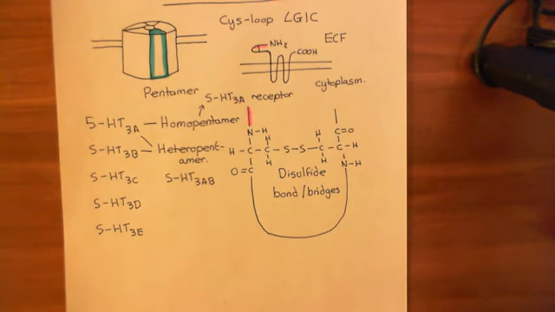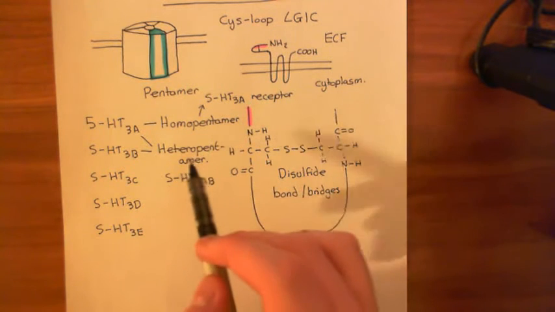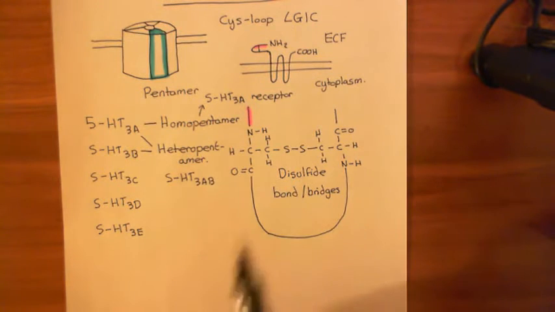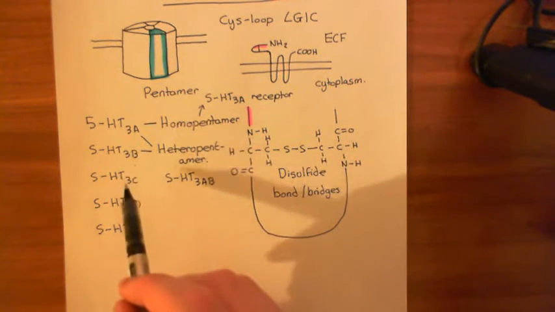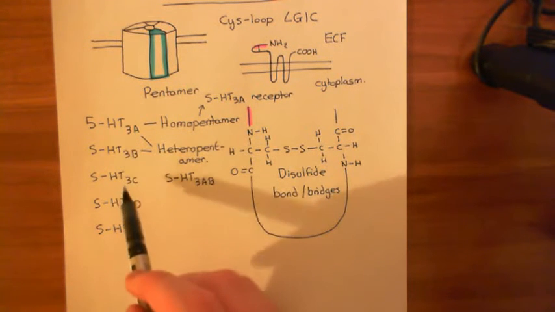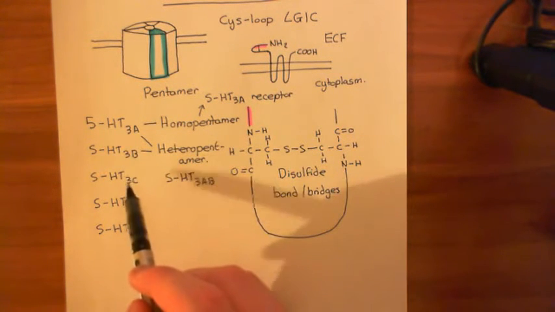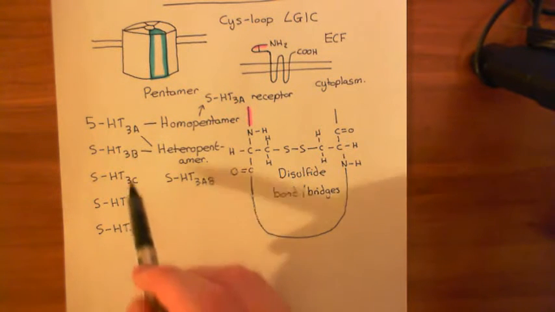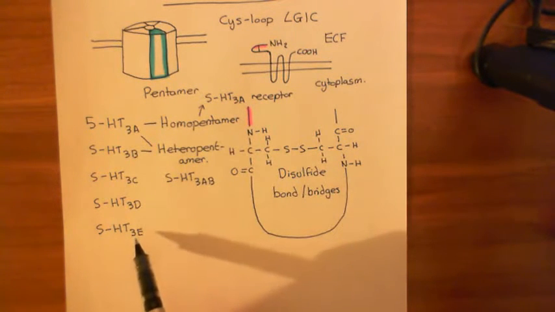Okay, so we have this homopentamer and this heteropentamer, and these really are the only 2 main 5-HT3 receptors that we understand at all. I think we also know that you can make heteropentamers of 5-HT3A with 5-HT3C, and also with 5-HT3A and 5-HT3D, and also with 5-HT3A and 3E.